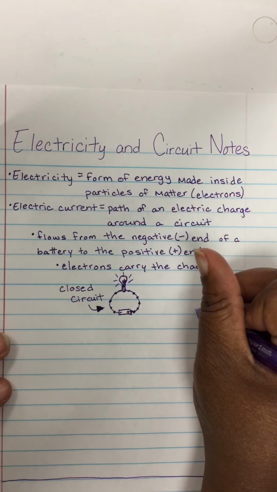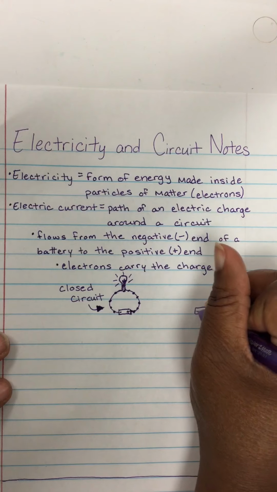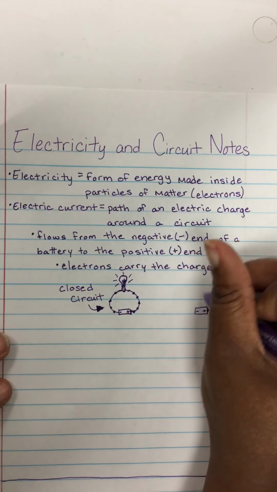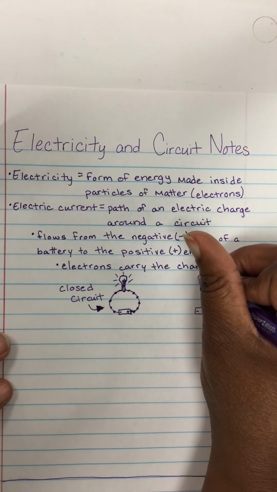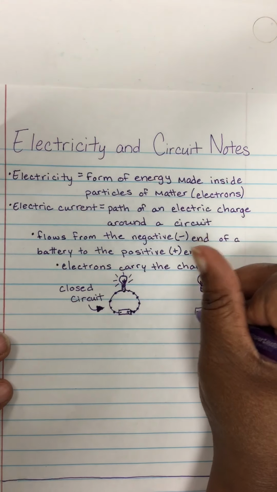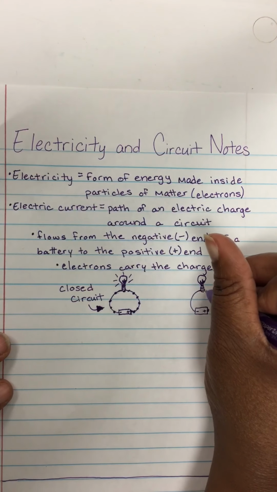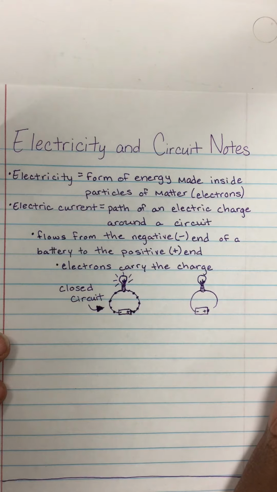If the electrons do not go all the way around, you have an open circuit. Once again, you have a negative and a positive end. We'll use our light bulb again, and our wires, except this time, our wire is not going to be completely connected to the battery.